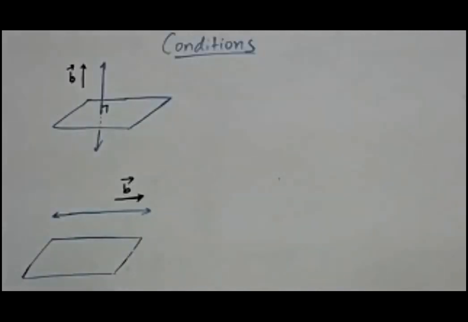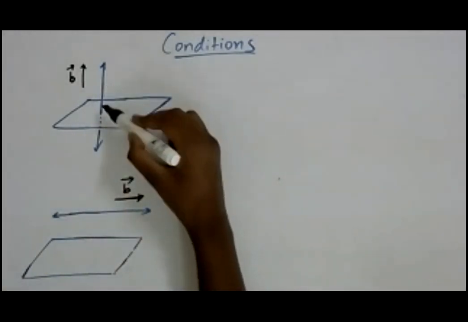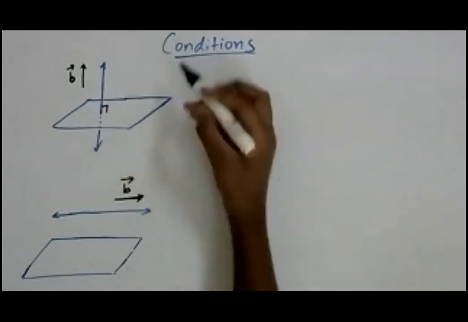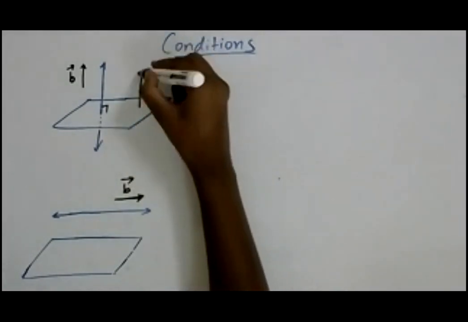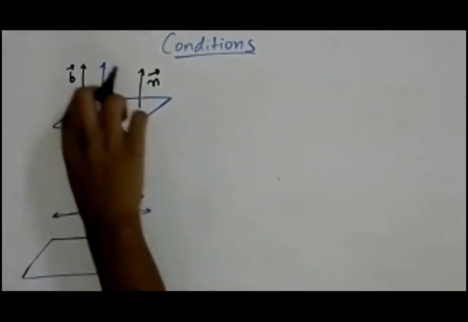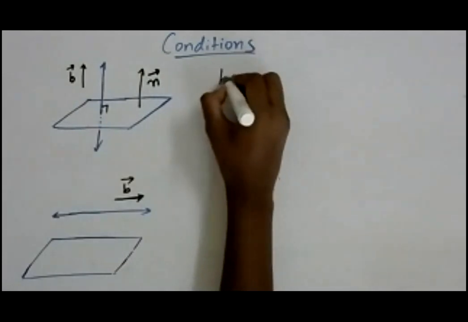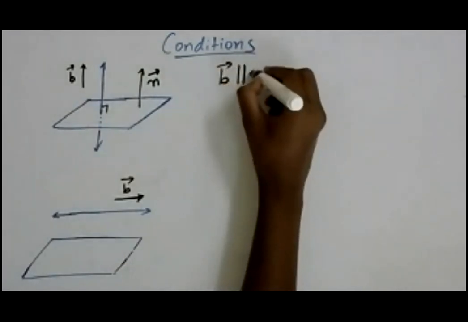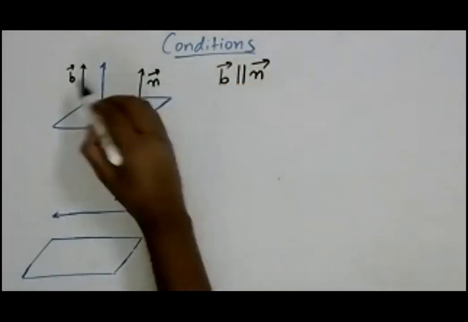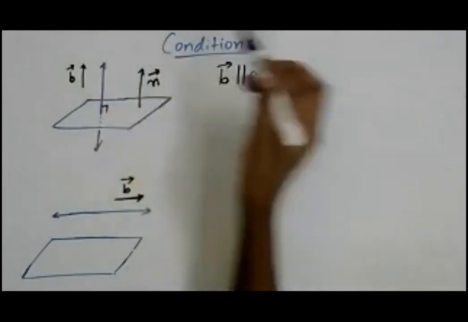Now let us look at the two special cases. The first case is when the line is perpendicular to our plane. If it is perpendicular to our plane, that means it is going to be parallel to the normal to the plane. So b vector is the vector we have considered for this particular line, and it is parallel to the normal.